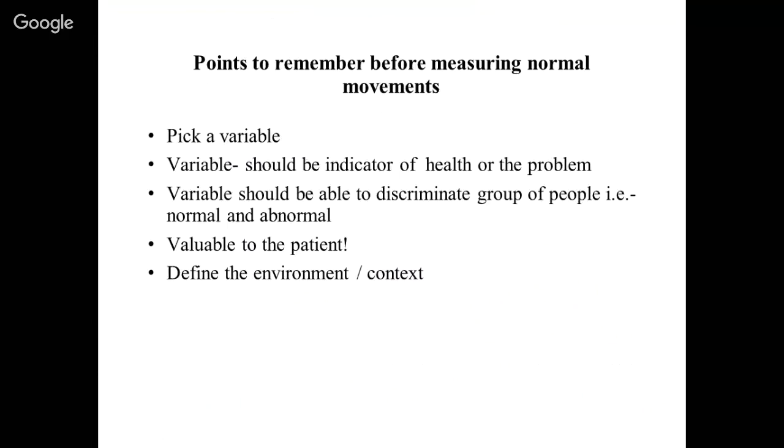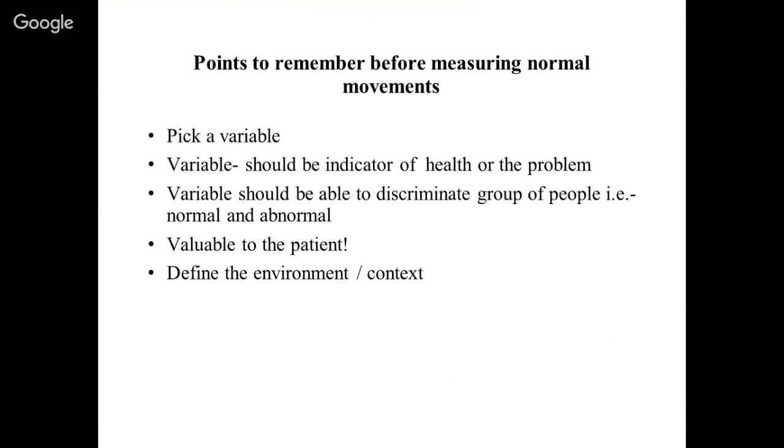Because it is believed that if you have a higher blood pressure, that means it is an indicator of your health or a problem. It should be able to differentiate between normal and abnormal people. As I said earlier, blood pressure measurement differentiates between people who have high blood pressure, so that they have a higher propensity for cardiovascular disease, and normal people also.